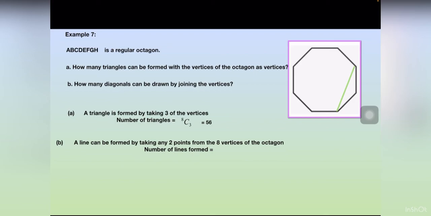Now we want to find the number of lines. How many diagonals or lines can be drawn by joining the vertices?